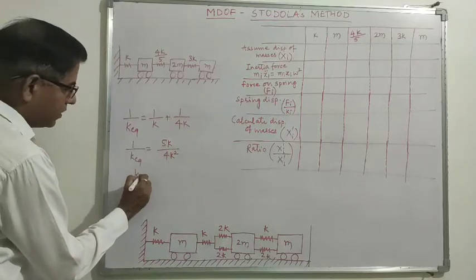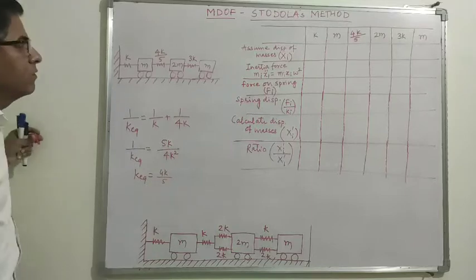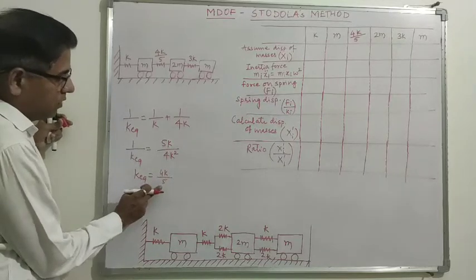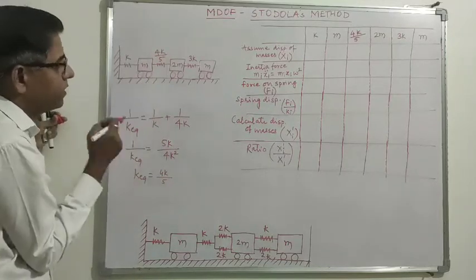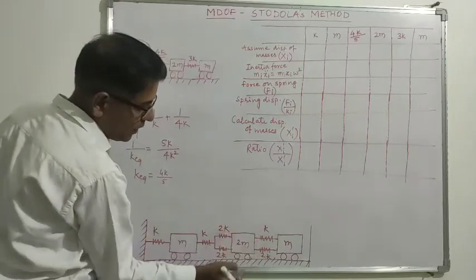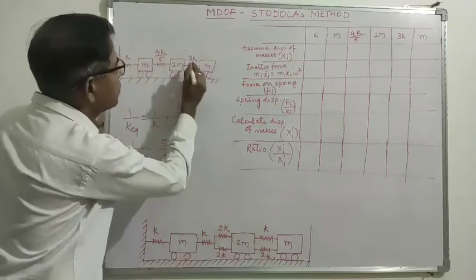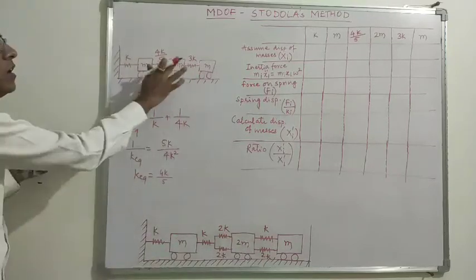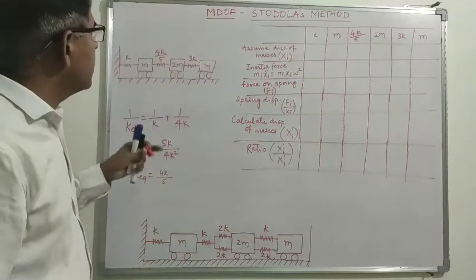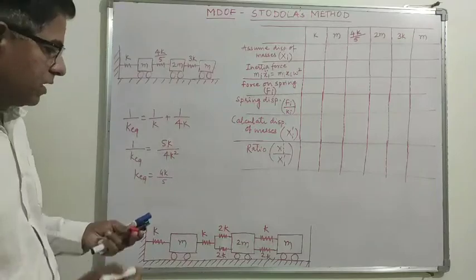So K equivalent is equal to 4K upon 5. So this is 4K by 5. Similarly, these two springs are parallel with each other, so K plus 2K becomes 3K. So this is the equivalent system that we have converted.